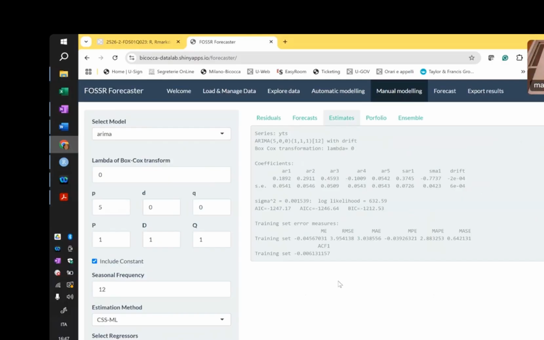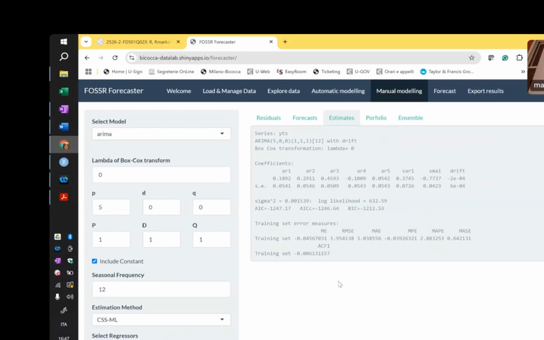In this case, for example, the drift is actually not there. The drift is 0. Indeed, the time series is pretty constant. This is a sad story for industrial production. There was a time where it was increasing, but it doesn't happen anymore. So the drift is 0.